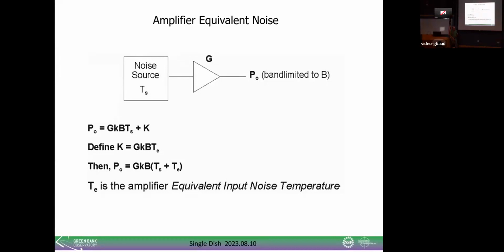The signal to noise ratio is high enough, and the equivalent temperature of the components downstream is divided by the gain of the amplifier if you refer it back to the input. As long as the gain of the amplifier is high enough, about a factor of 1,000, about 30 to 35 dB, you don't have to worry about noise contributions from any of the system after the low noise amplifier.